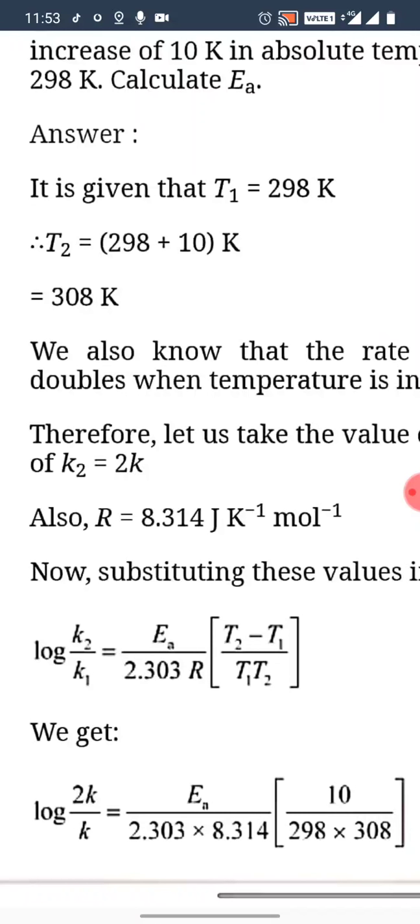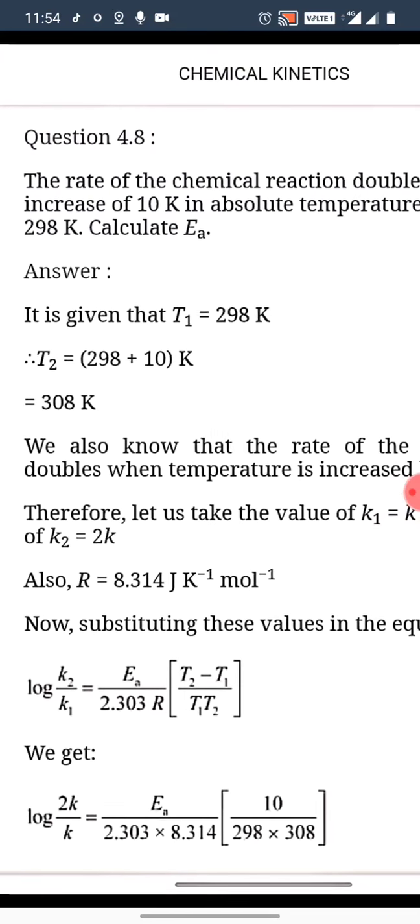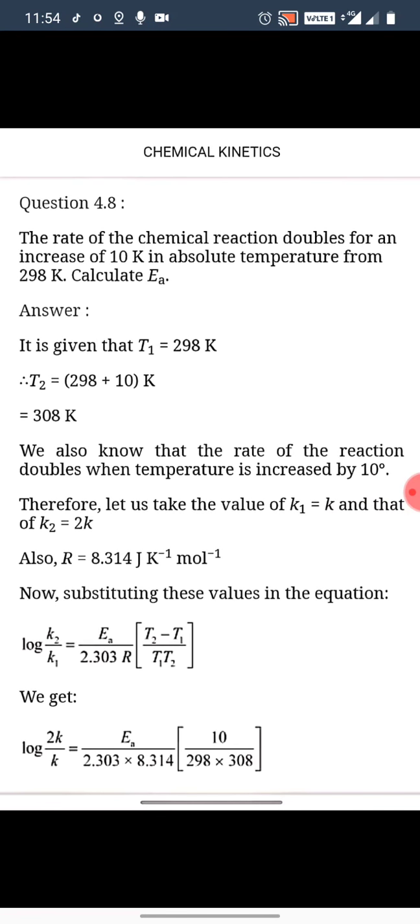Log K2 upon K1 is equal to E upon 2.303 R into T2 minus T1 upon T1 into T2. So we have all the values with us. We have both the temperatures with us. We have the value of this log K2 upon K1, and obviously constants are given. Now you have to find out the value of activation energy.